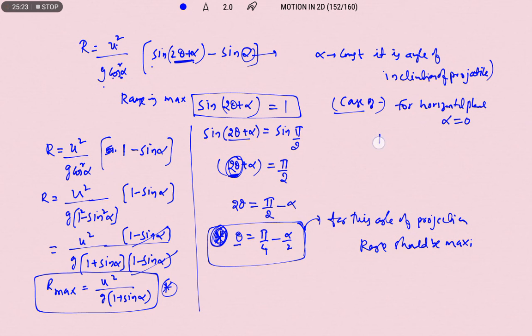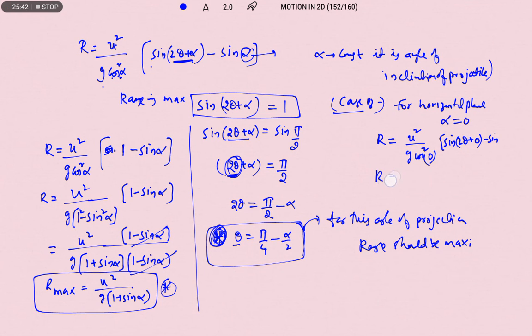If alpha equals 0, the range value we know already: u square by g cos square 0. So cos 0 is 1, times sin of (2 theta plus 0) minus sin 0. Therefore we get R equals u square by g sin 2 theta. This we know already.